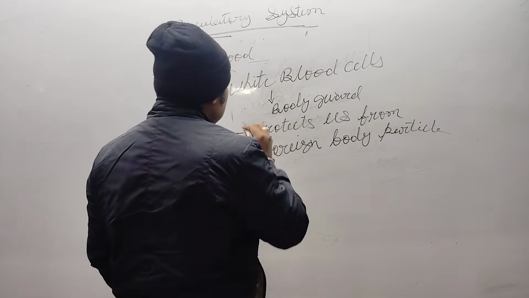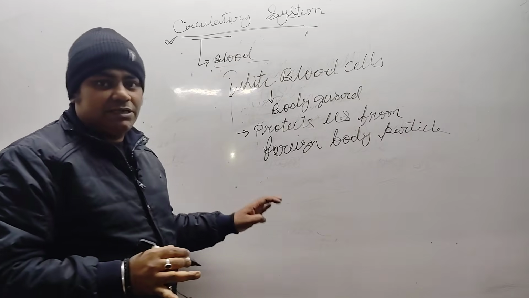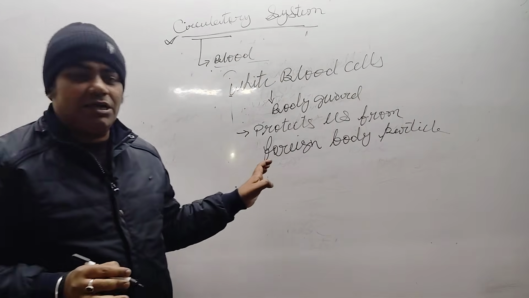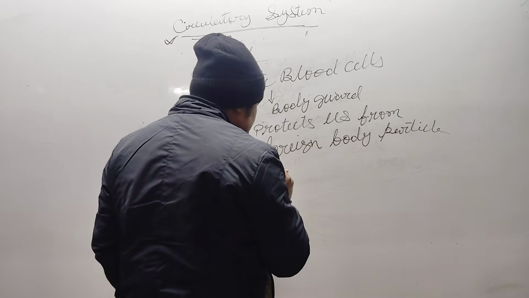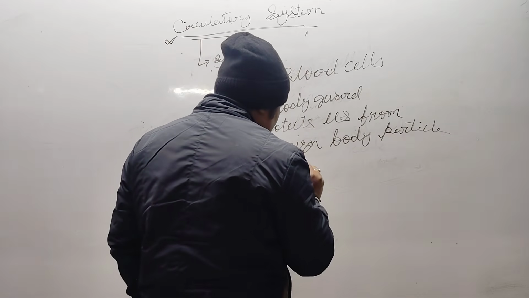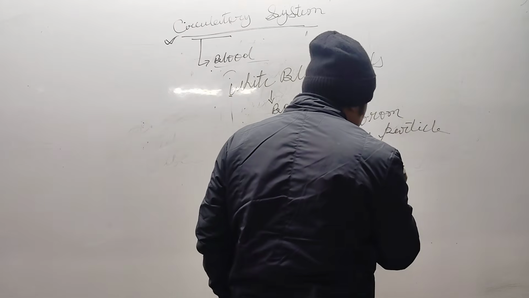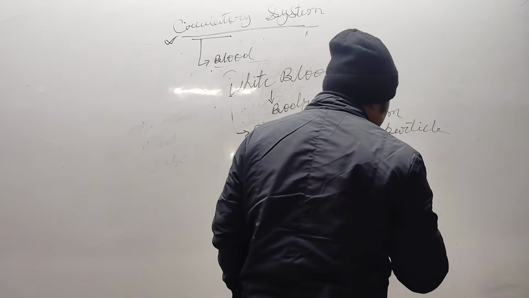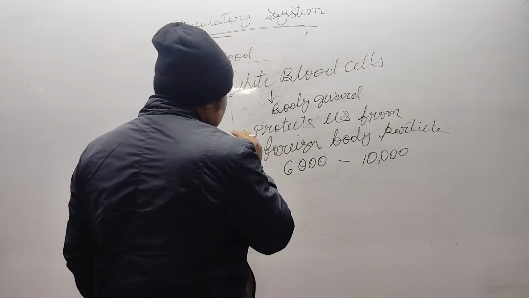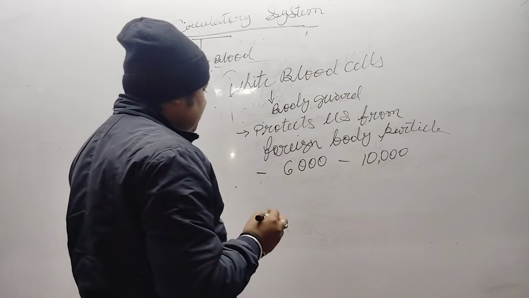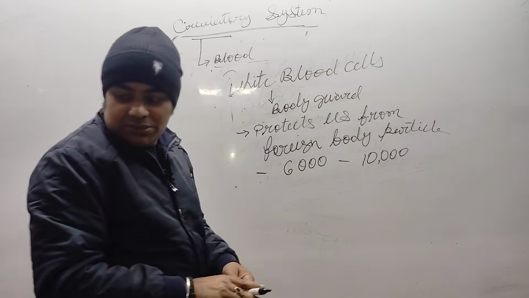Second, we already know that white blood cells protect our body, they are the bodyguards of the body. If we talk about the quantity, it is about 6,000 to 10,000. Though the quantity may vary, according to that the white blood cells are also categorized.